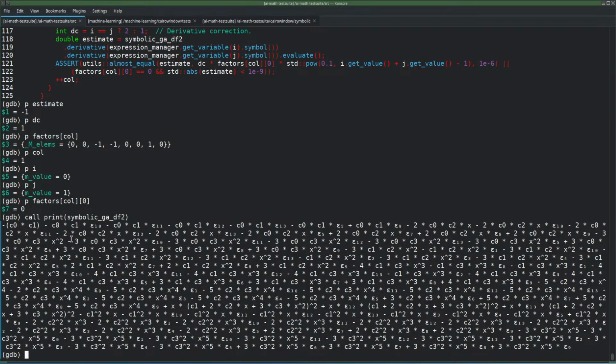And i is 0 and j is 1, so I take the partial derivative with respect to c0 and then with respect to c1. That gives us this -1 here. So, yeah, okay.